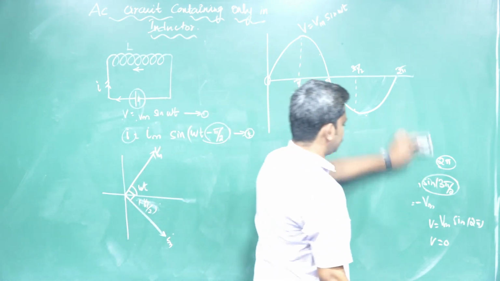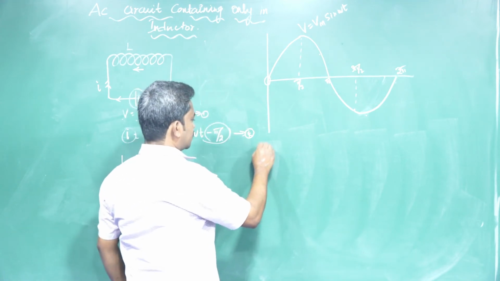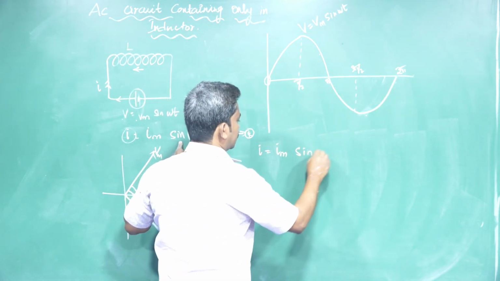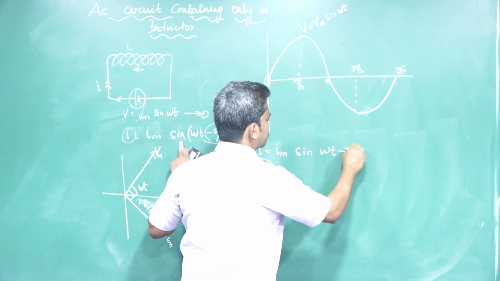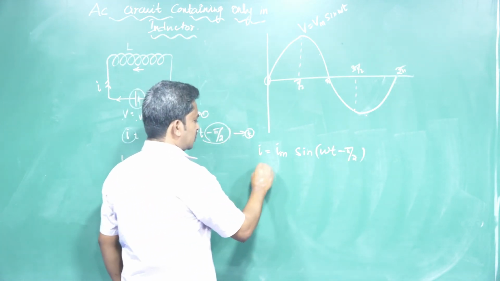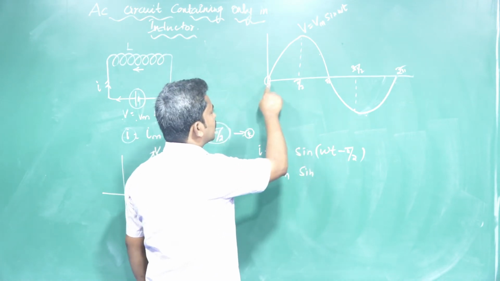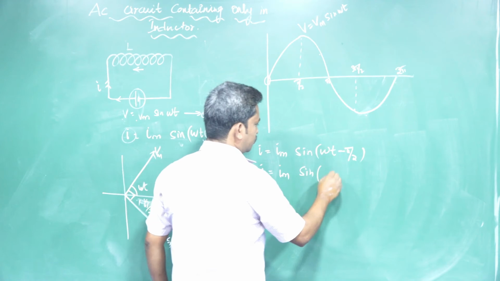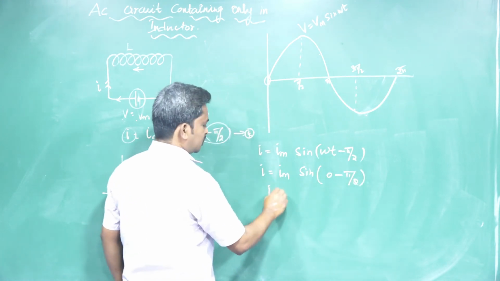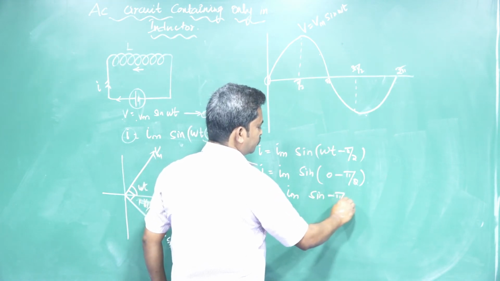What happens? Current I is equal to Im sin omega t minus pi by 2. If omega t is equal to 0, the first value, then 0 minus pi by 2. So I is equal to Im sin minus pi by 2.